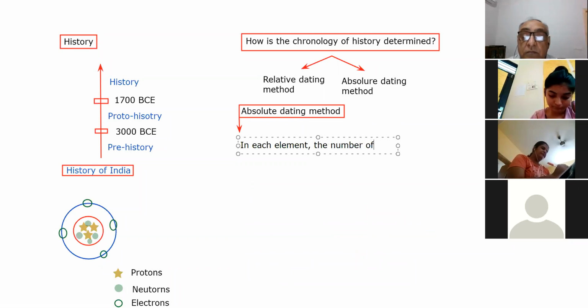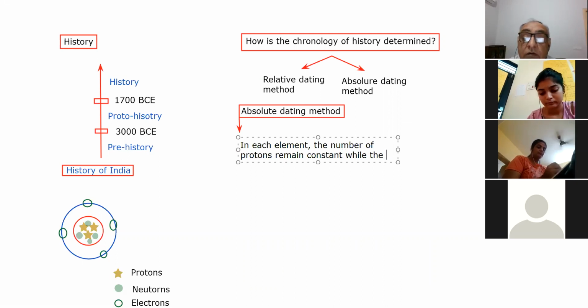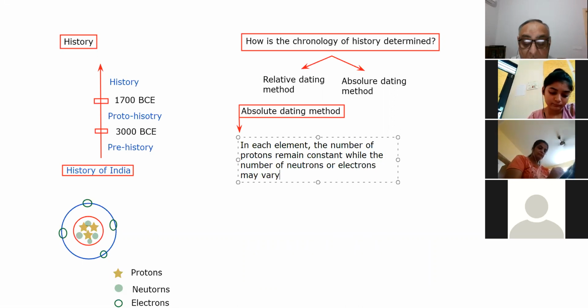Now the next thing is that in each element, the number of protons remains constant, while the number of neutrons or electrons may vary, right?